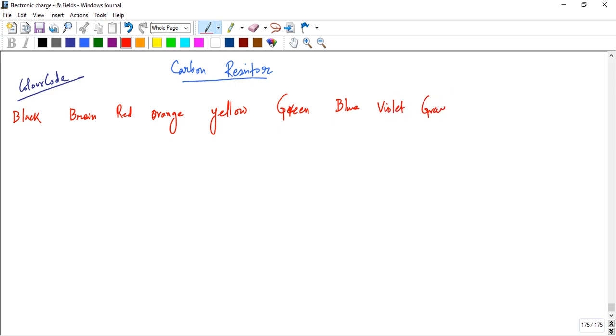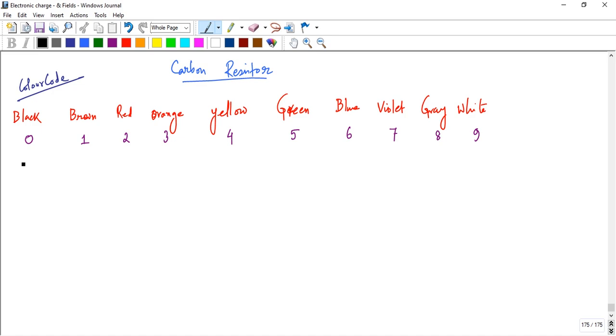These 10 colors: 1, 2, 3, 4, 5, 6, 7, 8, 9, 10. So black has code 0, brown 1, red 2, orange 3, yellow 4, green 5, blue 6, violet 7, gray 8, white 9. Okay, how to remember these codes?